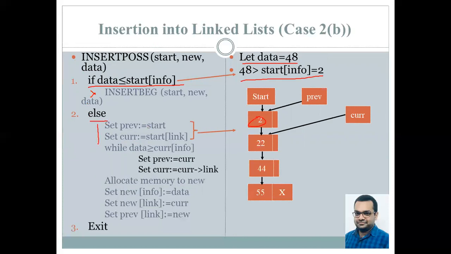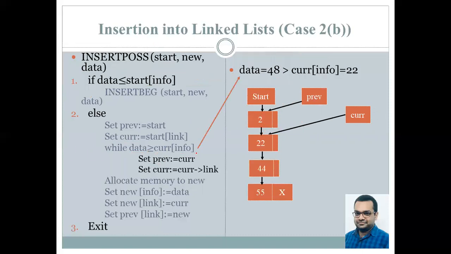These two statements will cause the values of previous and current to be set like this. Previous will start pointing to the address of the first node, and current points to start link, that is the address of the second node. Now the data value, that is 48, will be compared with the current info. Let's see how. Over here, 48 is greater than the current info, that is 22.